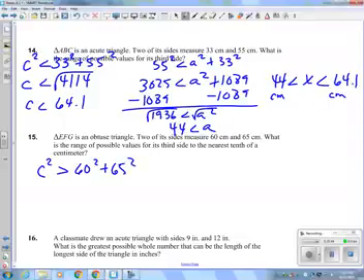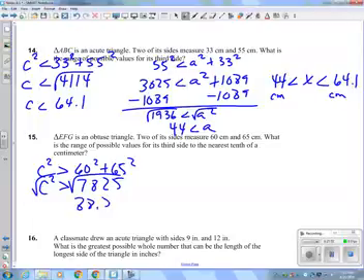Let's see what that'll come out to be for C. Square root it. I get 88.5 for C. It has to be greater than 88.5 for it to be obtuse.